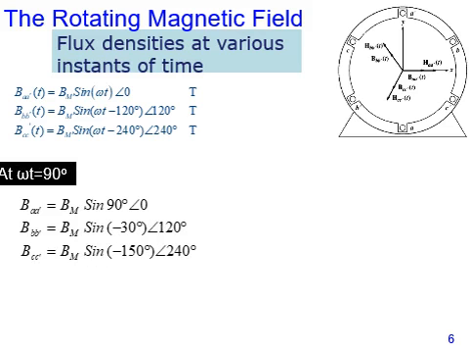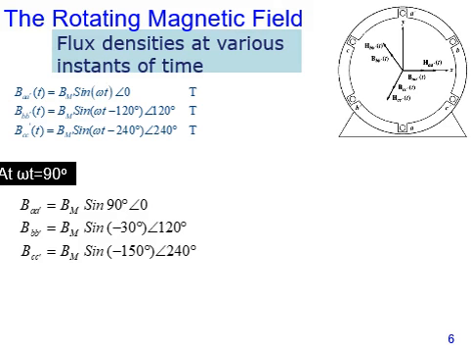Now we calculate the value of flux densities at omega t equal to 90 degrees.